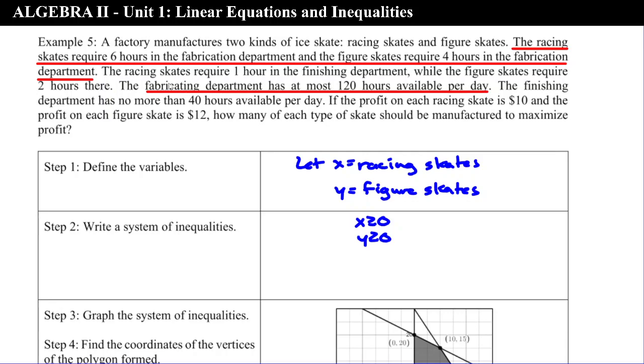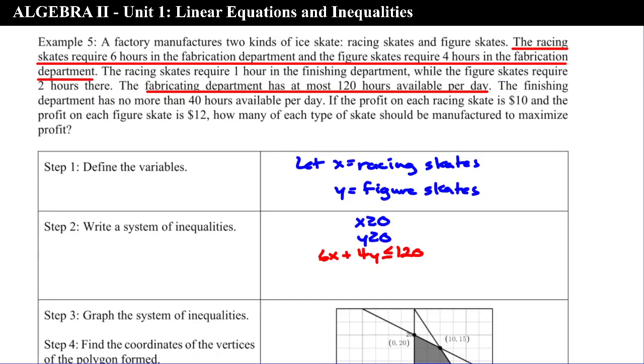So what that means is we can spend 6 hours on a racing skate and 4 hours on a figure skate, and we can't spend any more than 120 hours. So this is how we will construct that inequality. We have 6 hours per racing skate, so that's going to be 6x, plus 4 hours per figure skate, so that's going to be 4y, and that has to be less than or equal to 120 because we can't go over 120 hours.